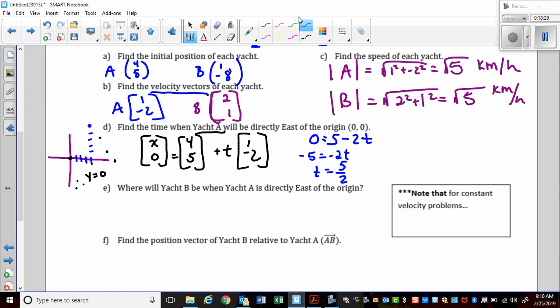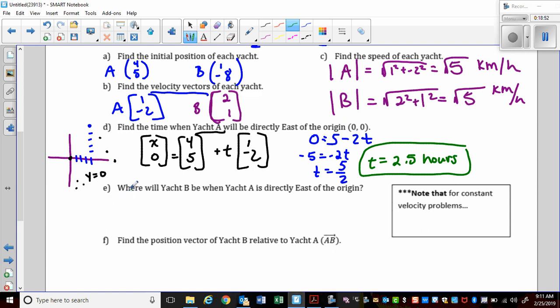So 5 over 2 is approximately 2.5 hours. Perfect. Where will yacht B be when yacht A is directly east of the origin? So when time equals 2.5. Well, I can make my equation.